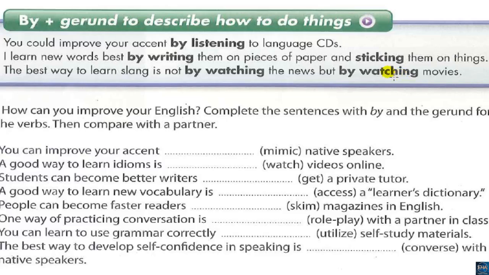By plus verb plus ing, by watching movies, by watching films. So here we use by plus gerund to describe how to do things. By listening, by writing, by watching.